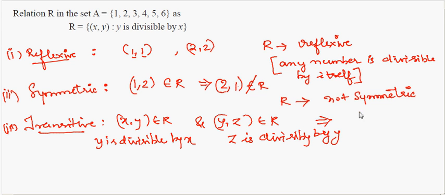Then what it implies, (x, z) also belongs to R. That means z is divisible by x. Let's check whether it holds good.